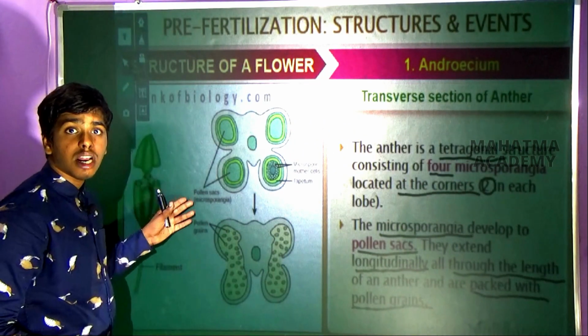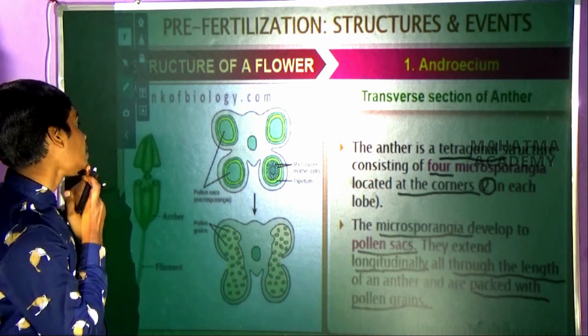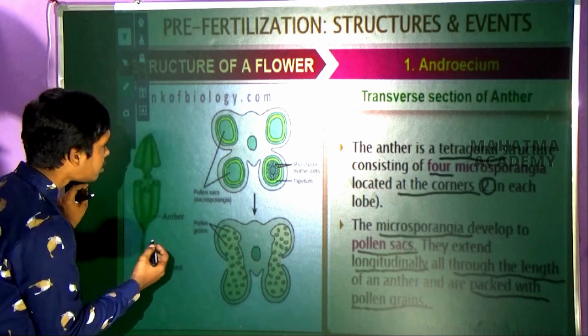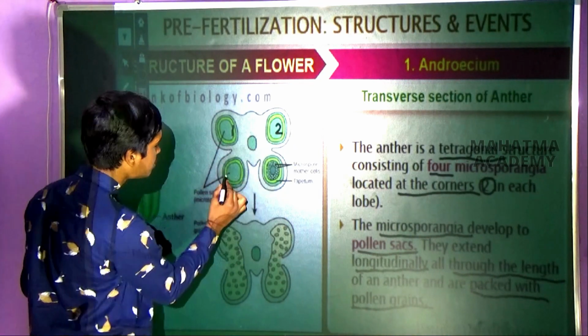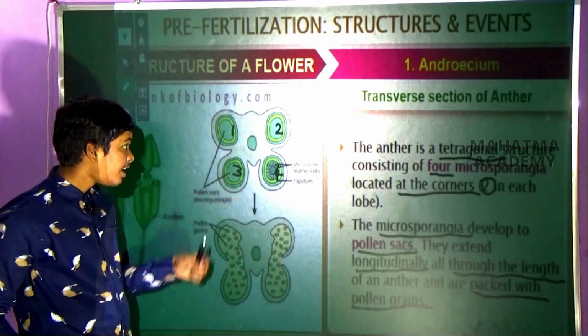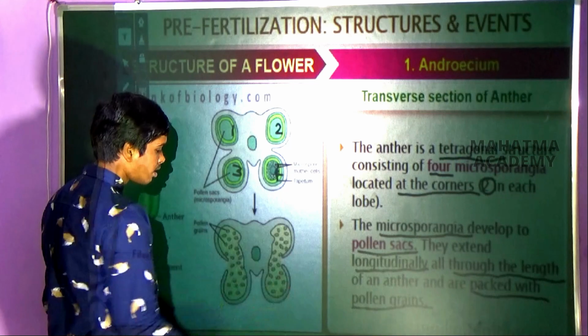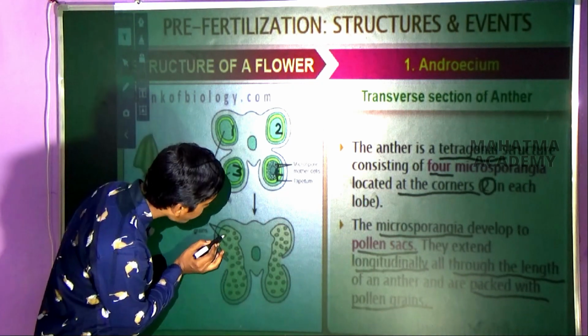Now, this is the structure of the anther. Now, this is the anther. Look, these are the 4: 1, 2, 3, 4. Okay, look here. These are the pollen grains.